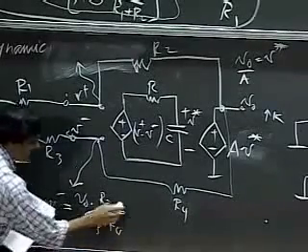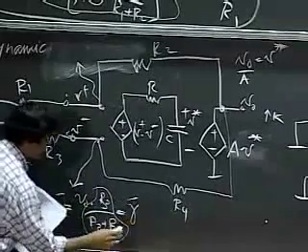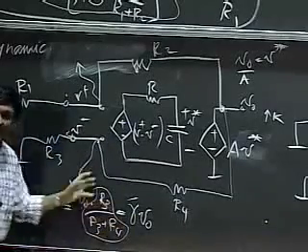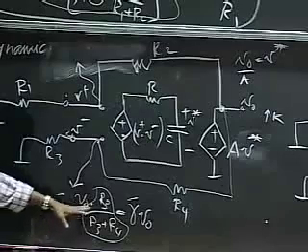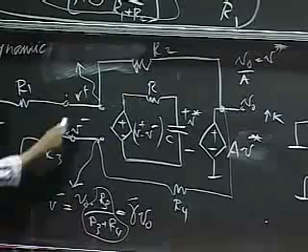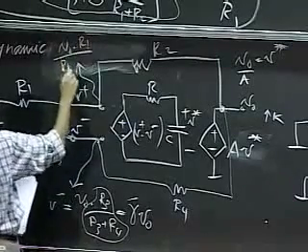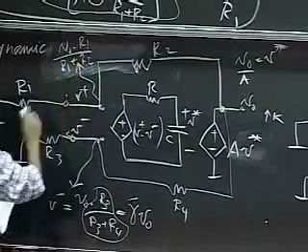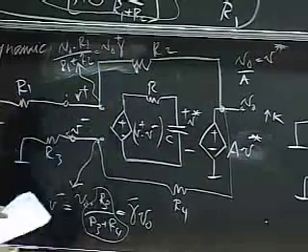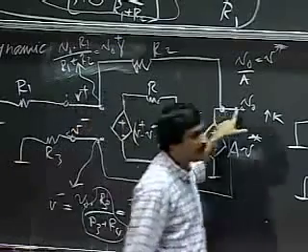Just for simplicity, let me call this fraction gamma minus. Similarly, V plus is V naught times R1 divided by R1 plus R2, and let me call that gamma plus. All I'm doing is replacing V plus and V minus in terms of V naught.